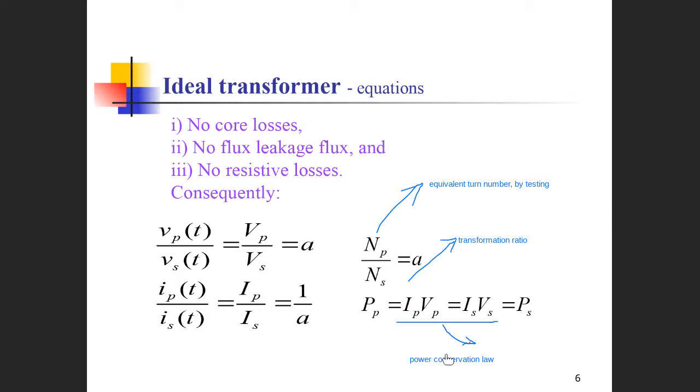From this point of view, we have the ratio between the primary and secondary currents. That's different from the voltage.